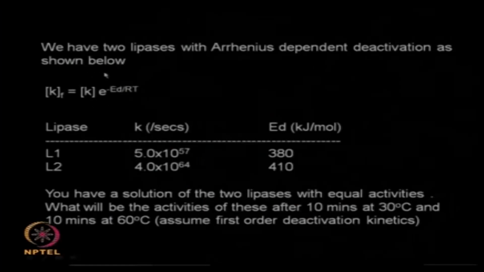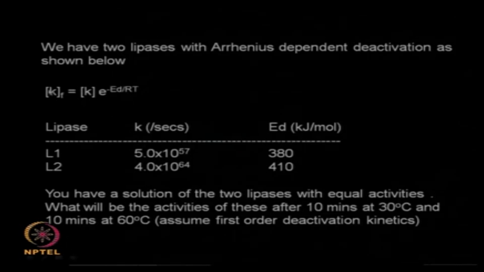That means dC/dt = -K C, that is the first order rate constant, and the K depends on the temperature this way.